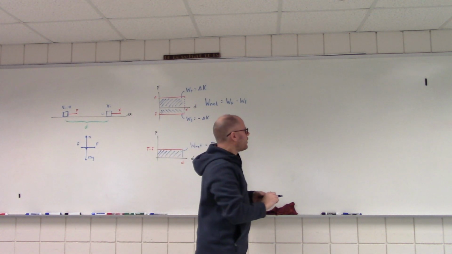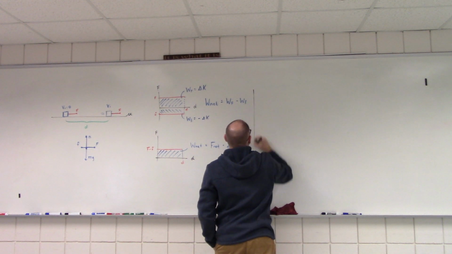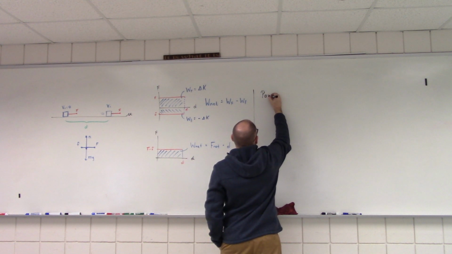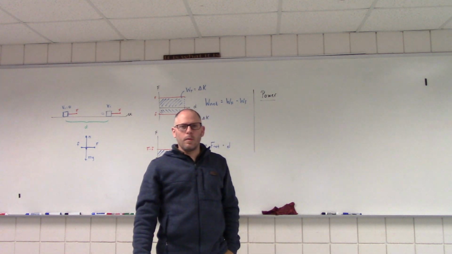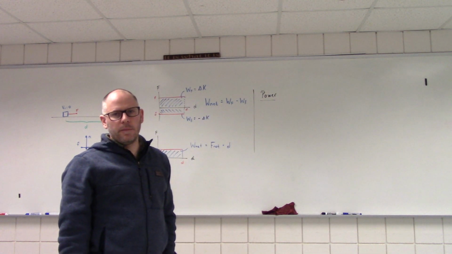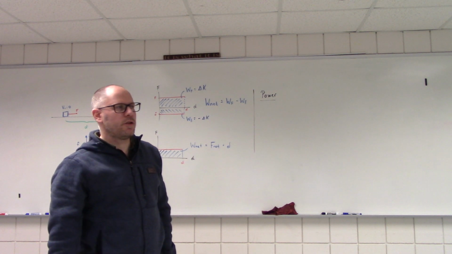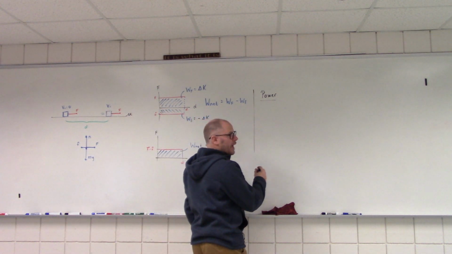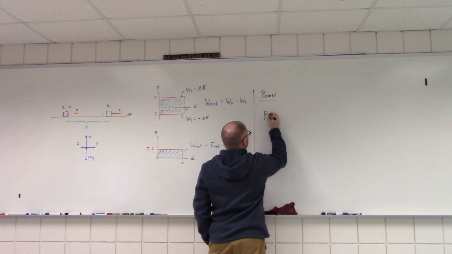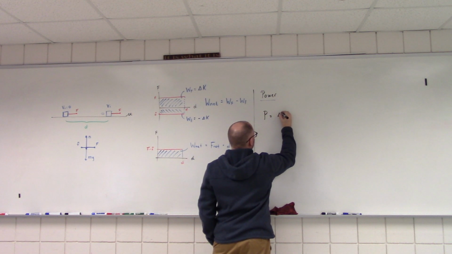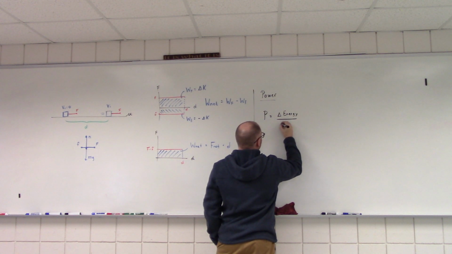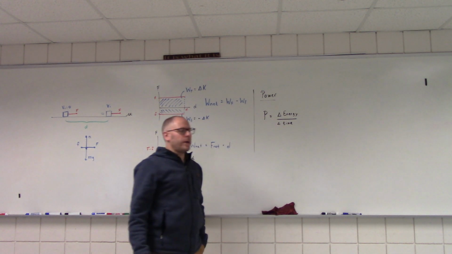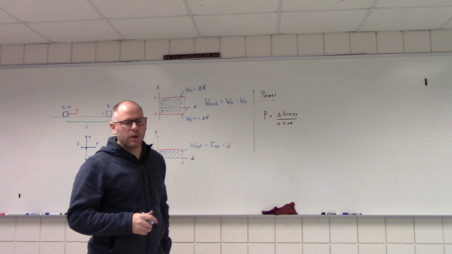The last concept we want to talk about is called power. So power is a physics concept that's related to work and energy in terms of the fact that we use capital P for power. So here's our general concept.